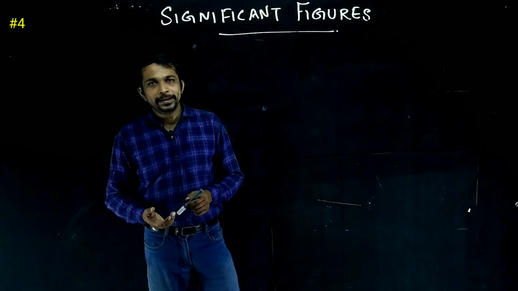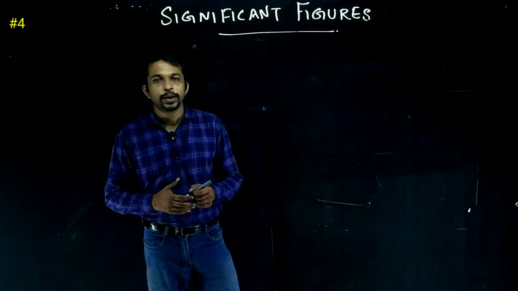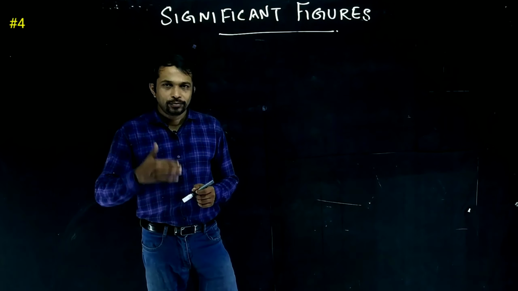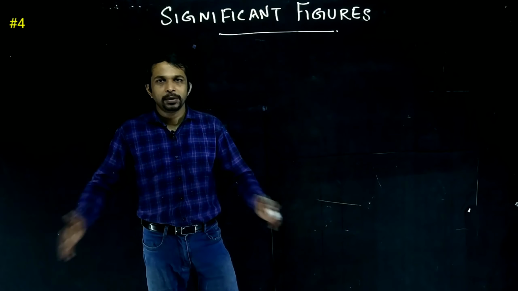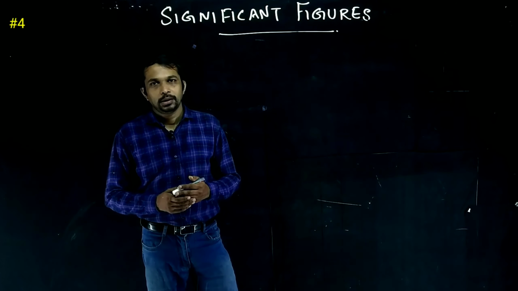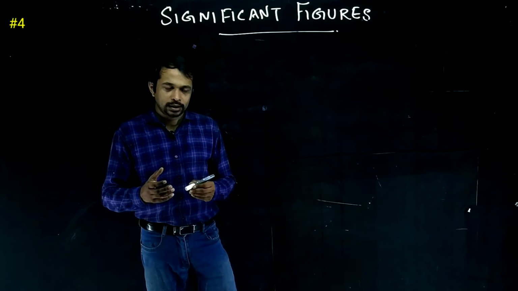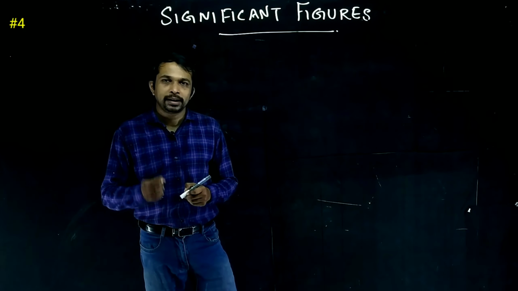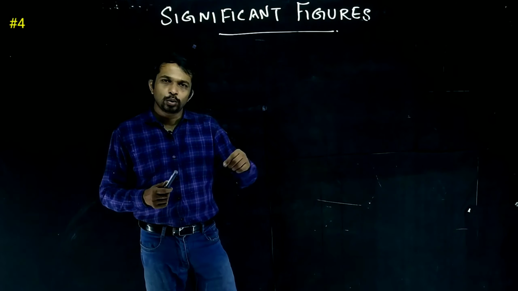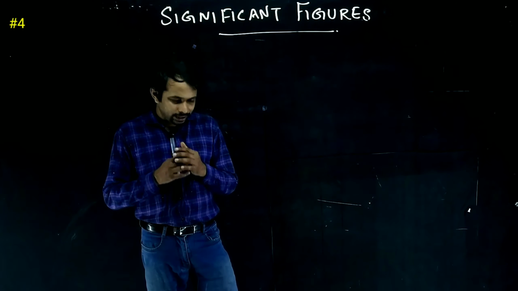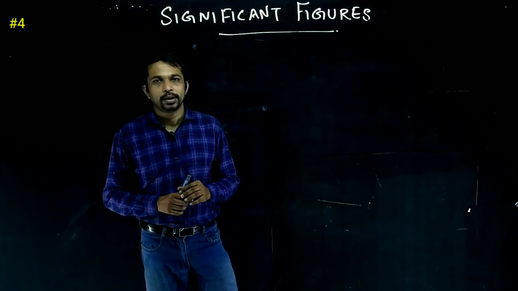So at this point I'm stopping this video because I feel like if I take the next topic also, the video length will be very big. And that topic is all about determining the number of significant figures in a number when you're doing arithmetic operations. That's a very simple topic, don't worry about it.